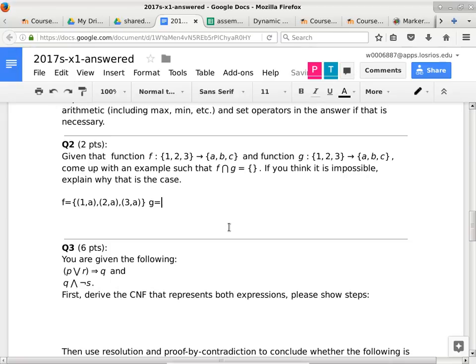And then G can be a set of (1,B), (2,B), (3,B). Then these two sets have no intersection, or I should say the intersection is an empty set. Because the element (1,A), which is a 2-tuple, is different from the element (1,B), which is also a 2-tuple. Is that part okay?